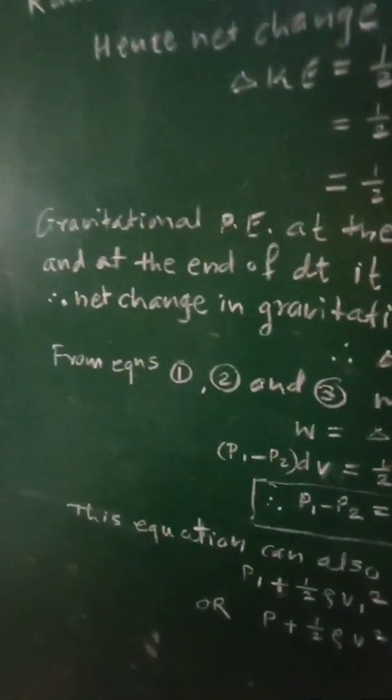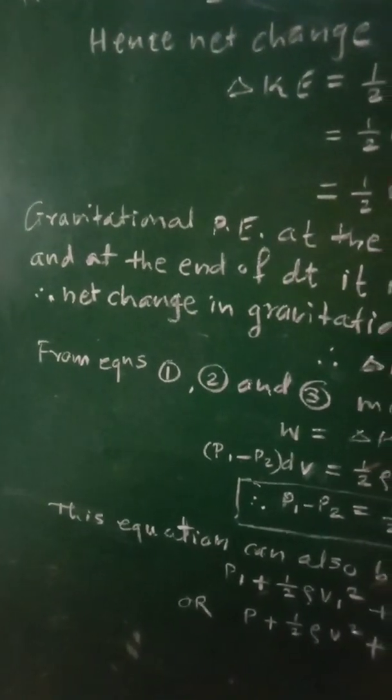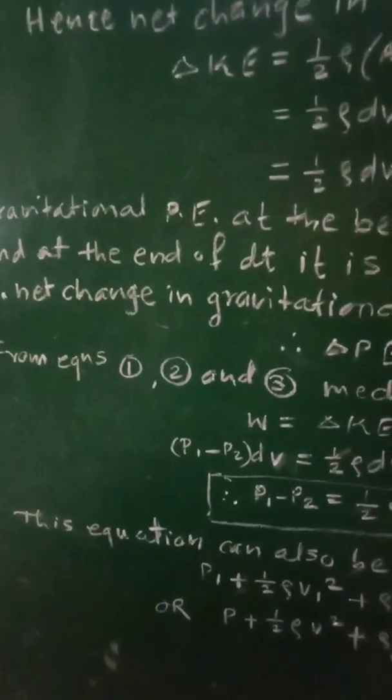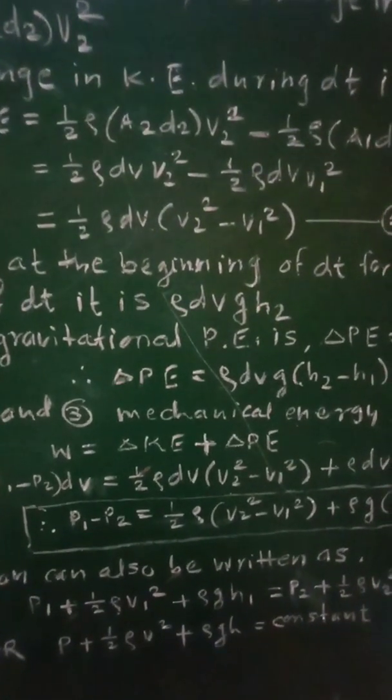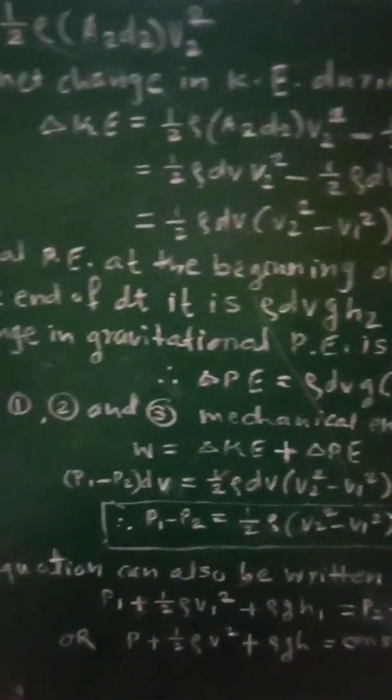Similarly, at the end of the time interval dt, it is rho dV g h2.